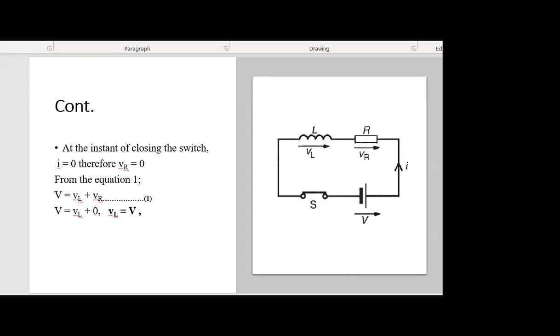So from Lenz's law, we know that the rate of change of current in the circuit induces an EMF in the inductor. Then that induced EMF will oppose the current. So when it opposes this current, I will become 0.